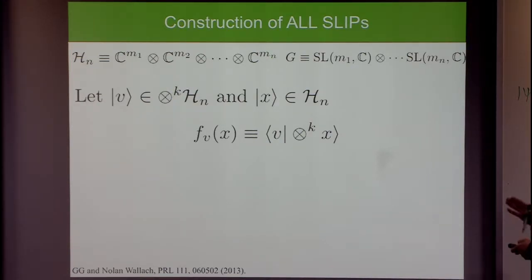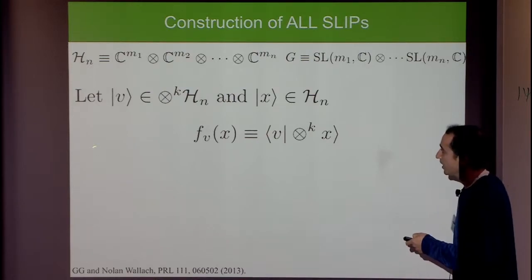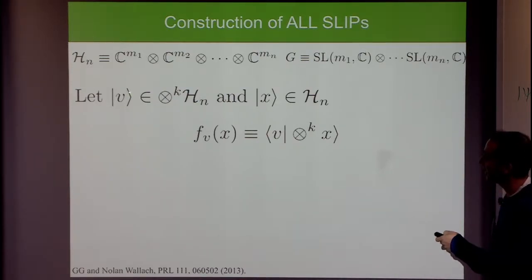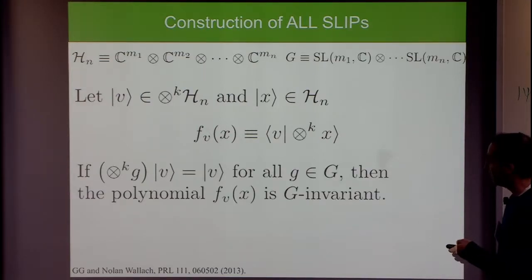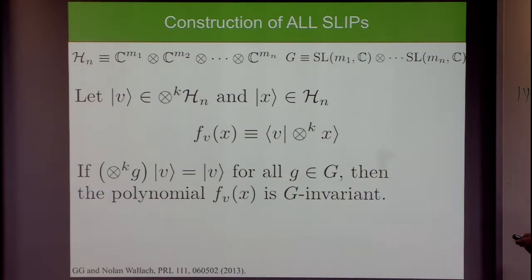k would be fixed. And then any SL invariant polynomial of degree k, I can write like that, as an inner product with tensor power states, where v is in here.